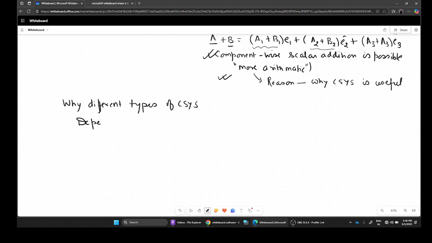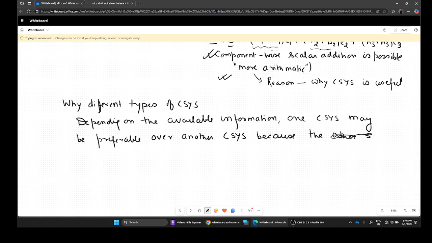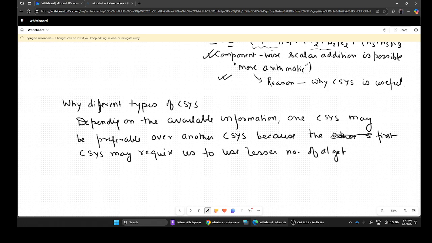Depending on the available information, one coordinate system may be preferable over another because the first coordinate system may require us to use a lesser number of algebraic steps to arrive at the final required answer.